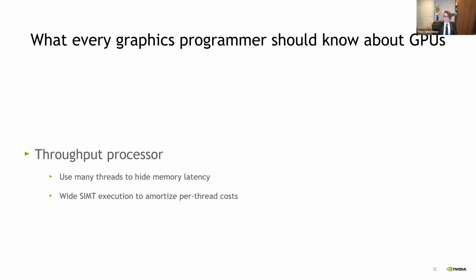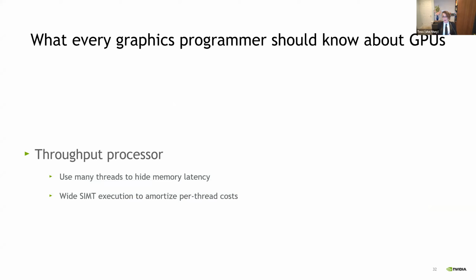And then when we look at the second point, that a GPU is first and foremost a throughput processor, what that means in practice usually is that it's going to have many threads that it uses, switching between those threads to hide the long latency of memory fetches. That's in contrast to latency-oriented processors like most CPUs, where they're going to try to avoid incurring memory latency in the first place by using deep cache hierarchies and large caches.